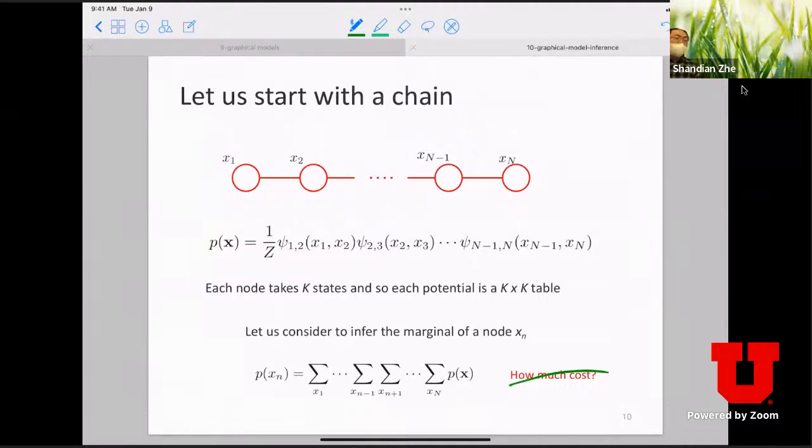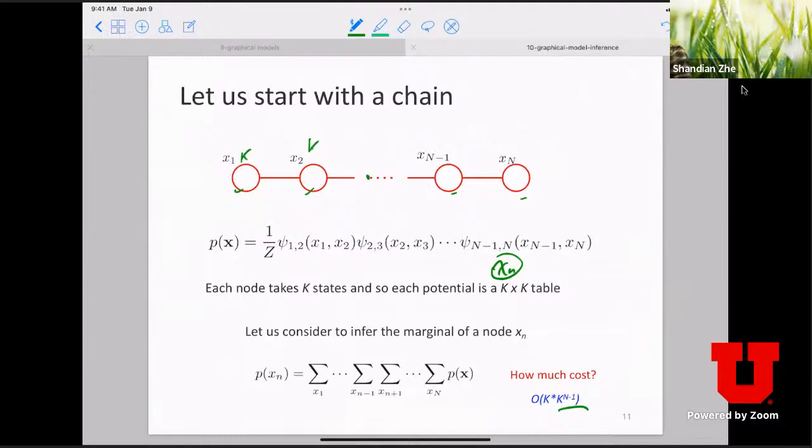K to the power of n. Why? Because each variable takes k states. For one particular value of xn, you have to enumerate all possible configurations of all the other variables, so it's k to the power of n minus 1. And you have k possible values for this xn, so you have to do this k times. So k times k to the power of n minus 1, or k to the power of n.